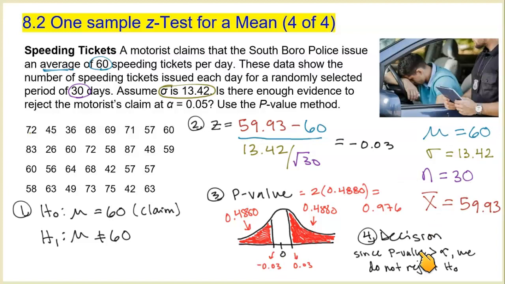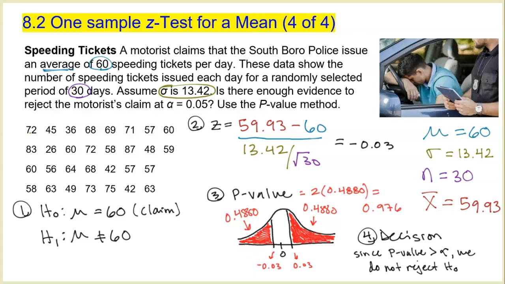So when the p-value is large, it just indicates that our observed information is pretty much the same as what we expected, the 60, or what was being claimed. If the p-value is very small, that means the z-score is further away from the average we expect, further away from that average of 60, and so it's not likely to happen by chance, which means it is statistically significant. So that's when we end up rejecting the null hypothesis.